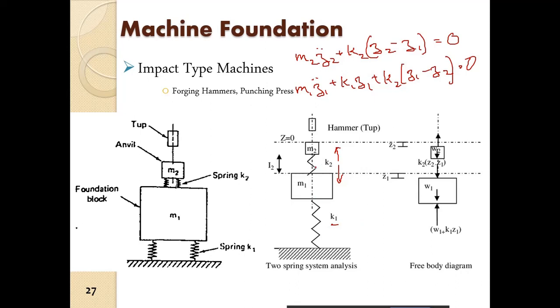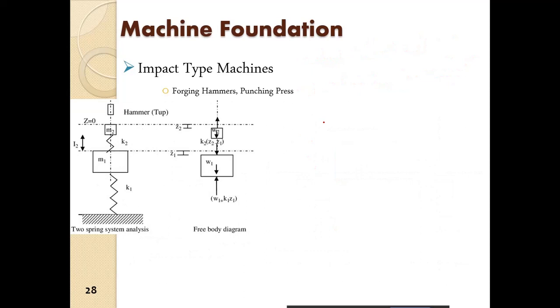Now the generalized solution for this system, we can write in this way. We have z1 equal to a1 sine of omega n1 t, plus a2 cos of omega n1 t.